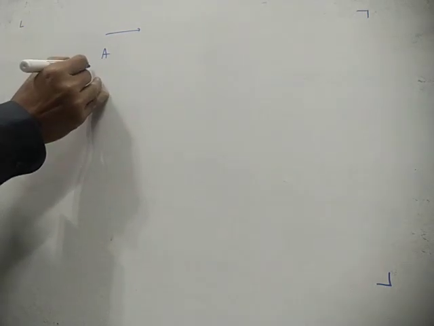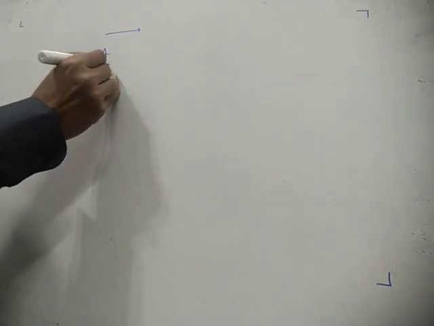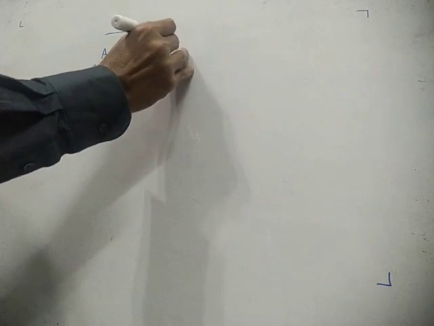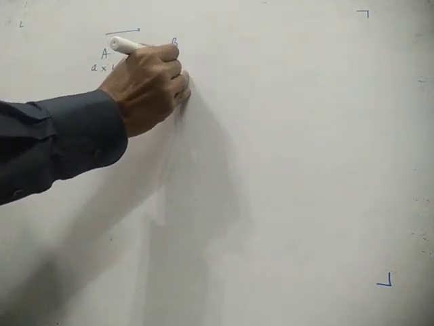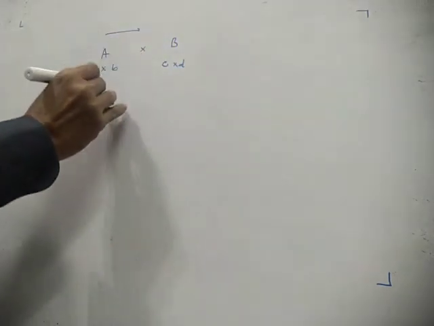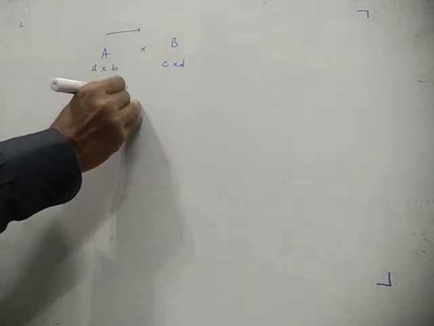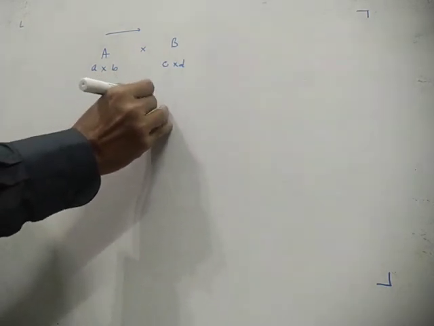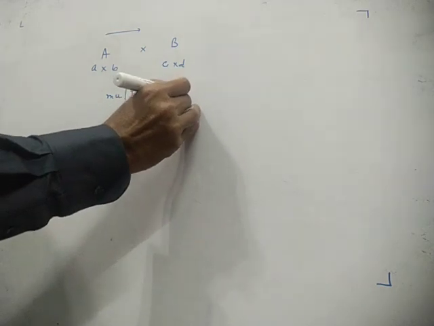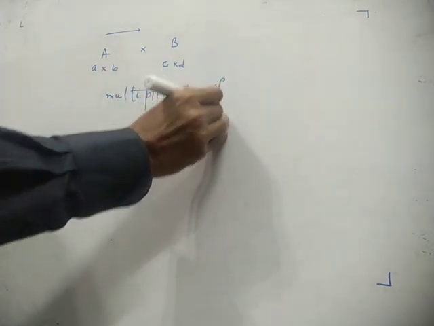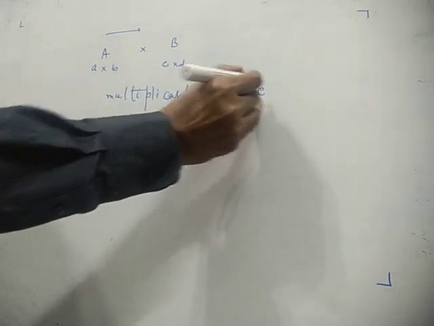If matrix A has order a by b and matrix B has order c by d, when is multiplication possible? That means A and B are multiplicable. We can do A into B if b equals c.